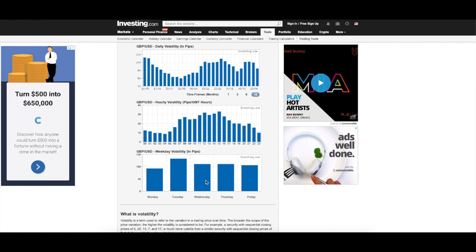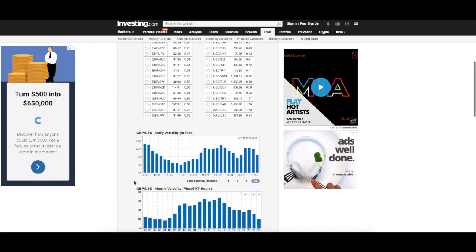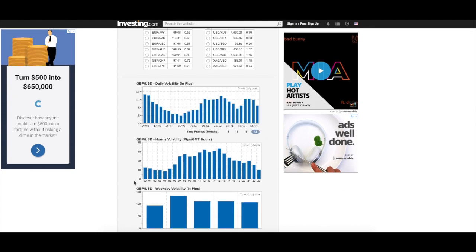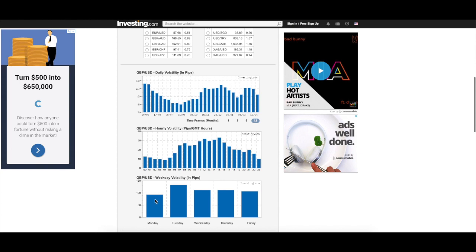Use the days for each individual pair. Like I told you in the last video, if you make an Excel spreadsheet with all these different pairs, then every single day you come into the market, you can look at Monday on your spreadsheet and see what pairs move the most on Monday, and look for setups on those specific pairs. Let's say you have two or three pairs from your spreadsheet that are very likely to move on Monday.